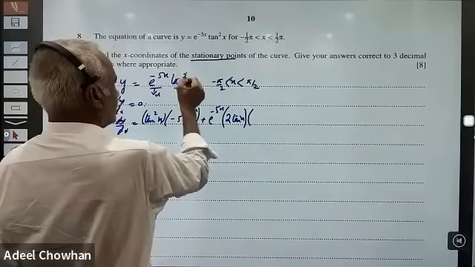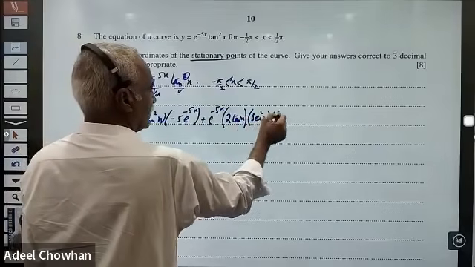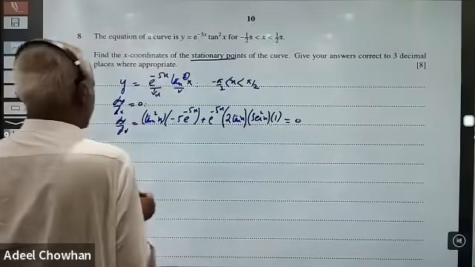Then, without power, the tangent x derivative is secant square of x, and the x derivative is 1. And that should be equal to 0.